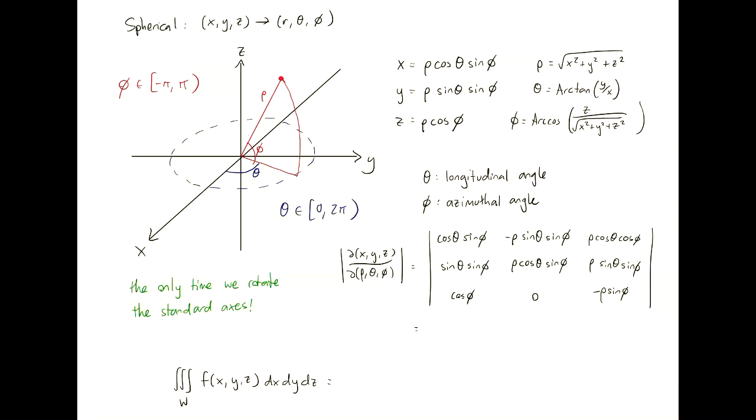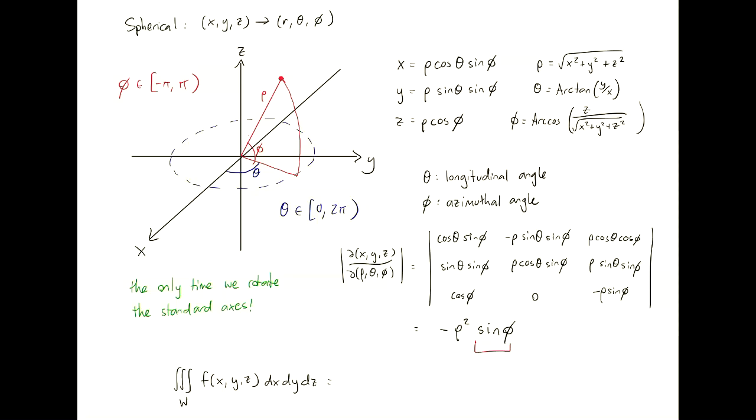Mostly it is unlikely that you will get thrown a problem where you need to carve out very weird looking shapes. So mostly you integrate over spheres or half spheres or quarter spheres or whatever. Okay, so the Jacobian is this, and you apply a bunch of trig identities, which I will leave as an exercise to the reader, and you get minus rho squared sine phi.